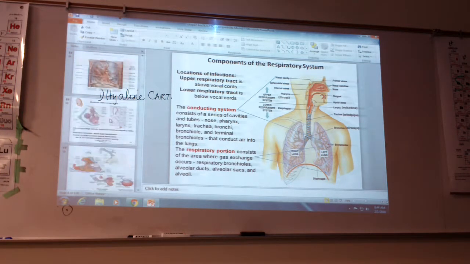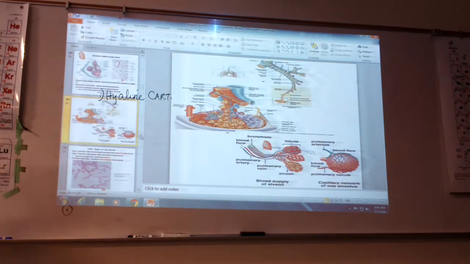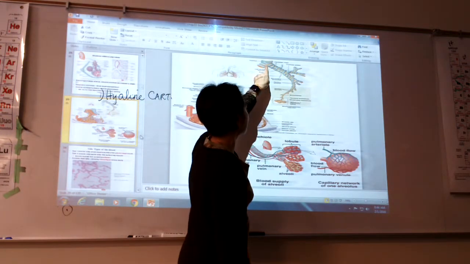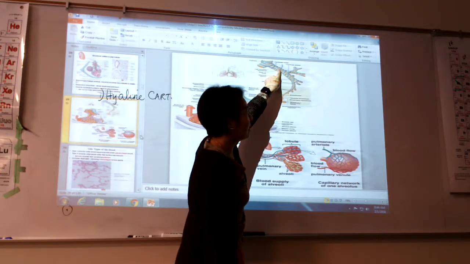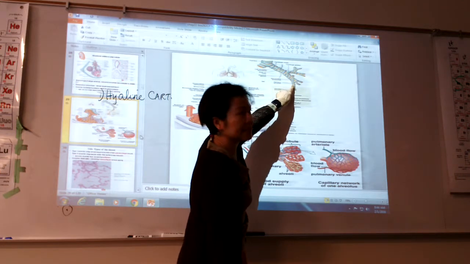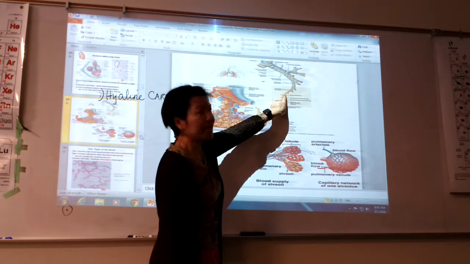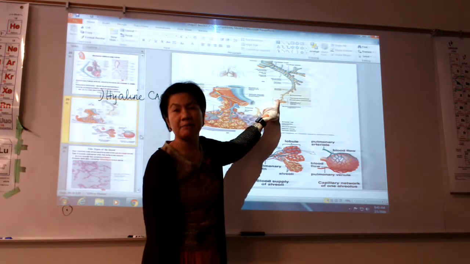However, if you go all the way down and look at this picture, when you get to the terminal bronchioles, did you notice? Up here it's very nice, solid, complete. When you get here, it gets discontinuous, right? And then finally, do you see it right here in the terminal bronchioles? Absent.